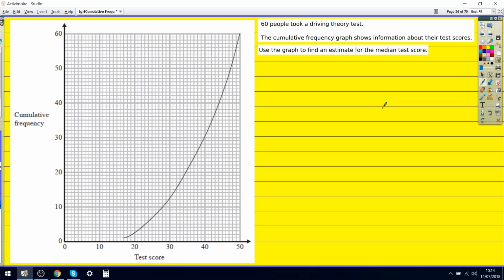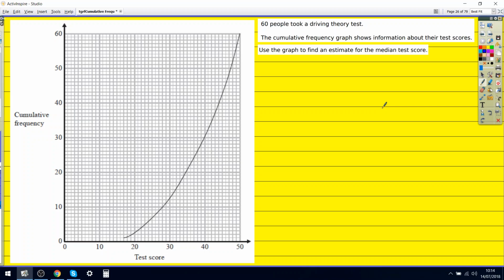Because you're just using the line, this is just an estimate. And so for cumulative frequency, you don't have to do n plus 1 over 2. You can just do n over 2. So for cumulative frequency, the median will be the n over 2 position.